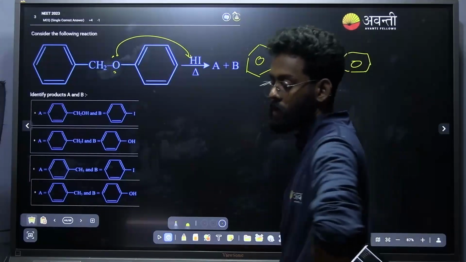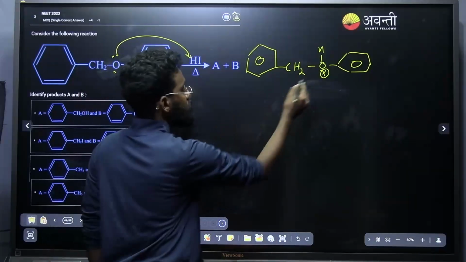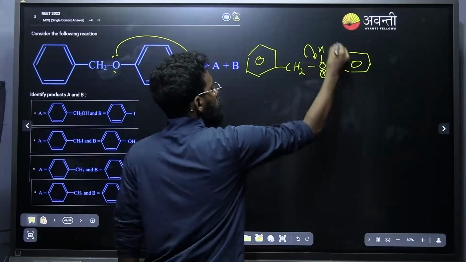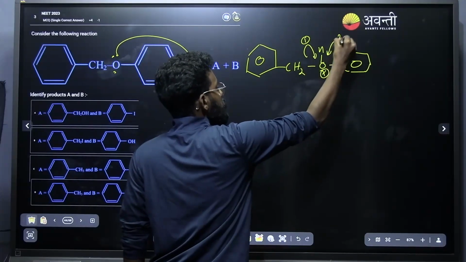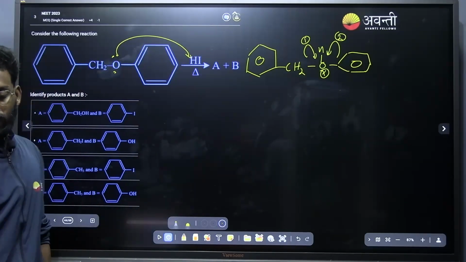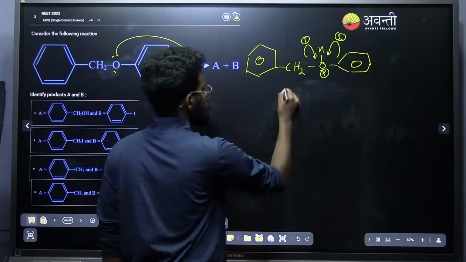Now how will the cleavage be taking place here? First one or second one? Which cleavage will be taking place? That's my question. First, yes, very good. What's the reason?